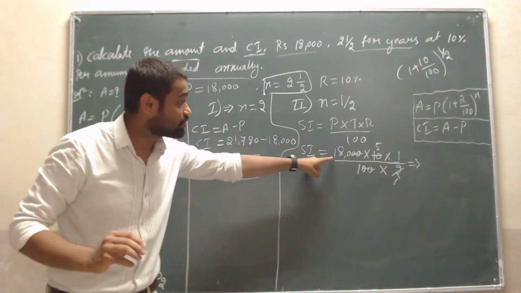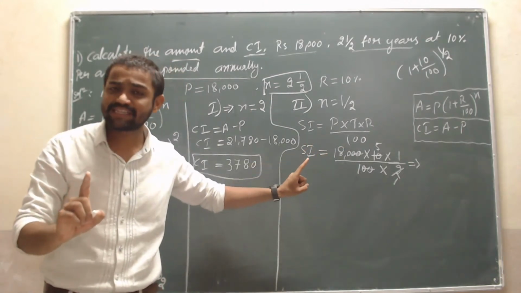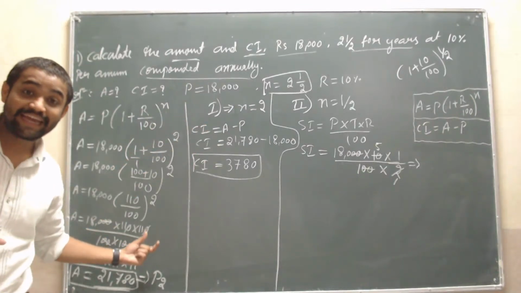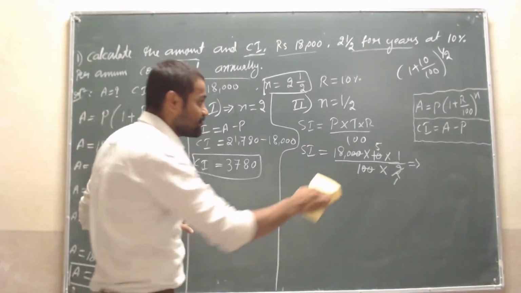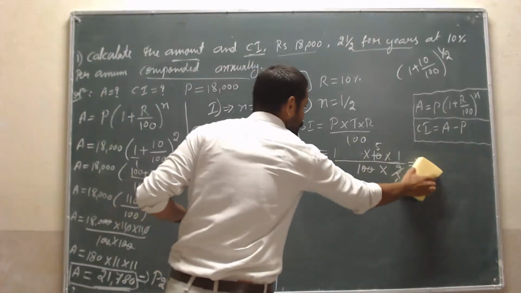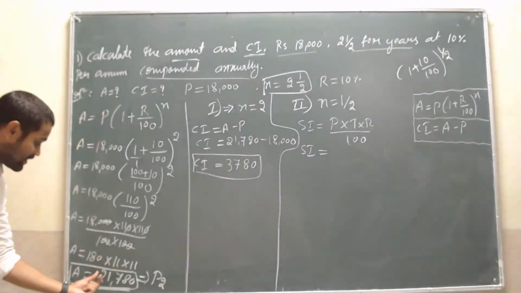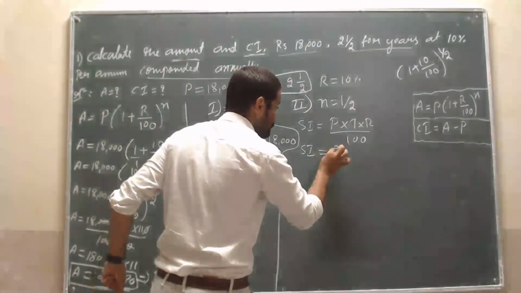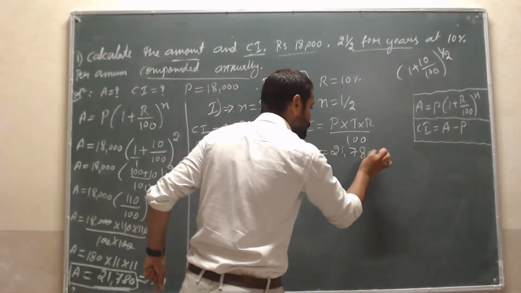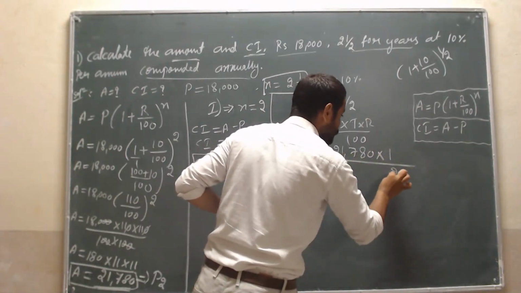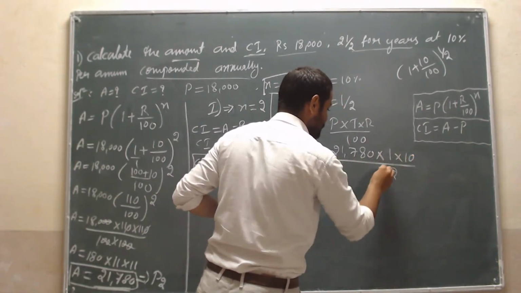The principal amount is not to be taken as 18,000. Why, sir? Because we are finding compound interest. That's why it becomes interest on interest. So again I will write P2, that is 21,780 rupees, into time 1 by 2, into R which is 10, over 100.